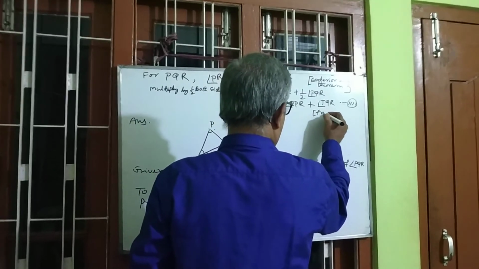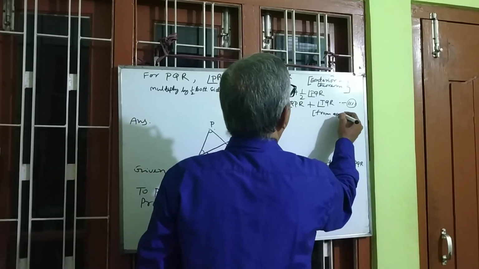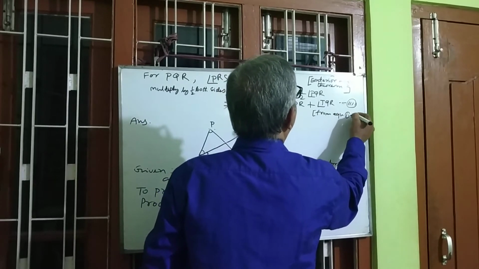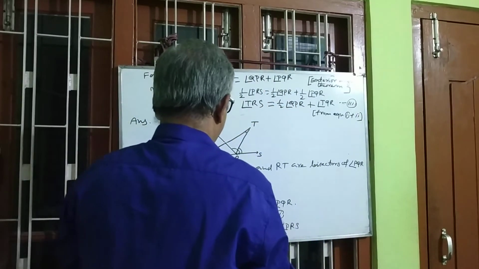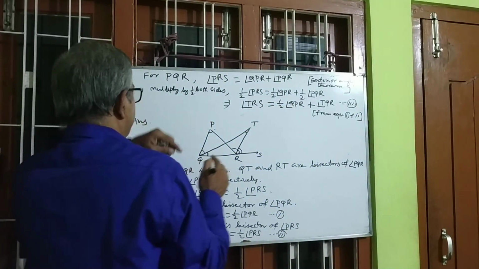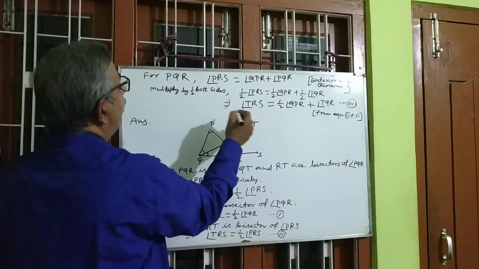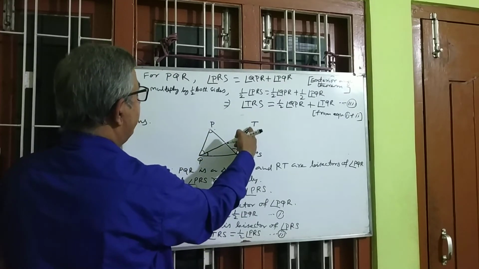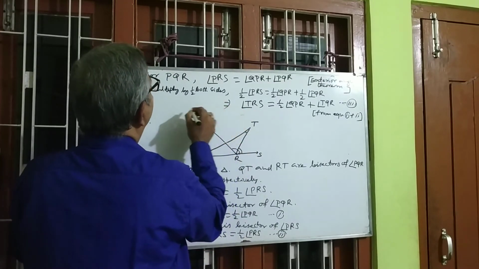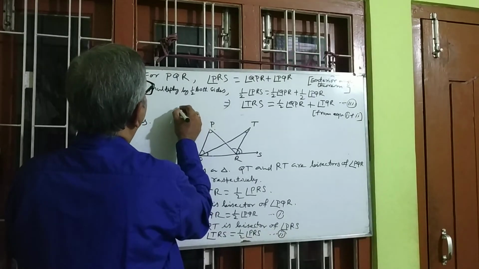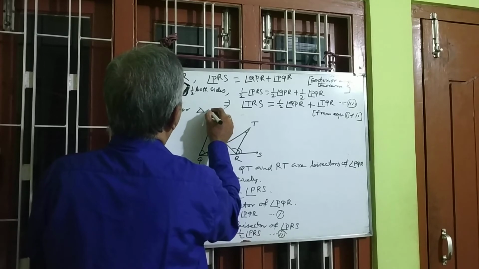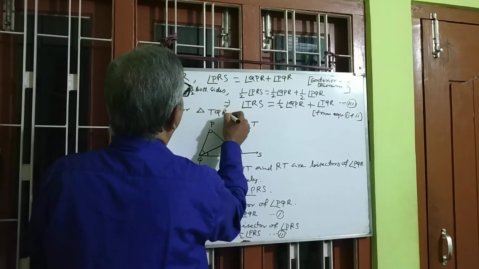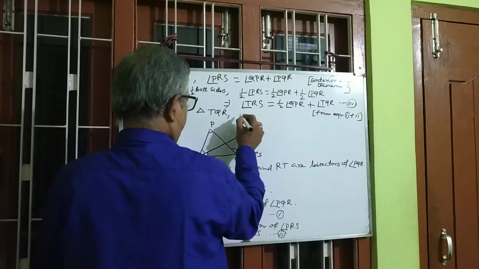From equation 1 and 2. Finish. Now one more thing. In triangle TQR, similarly, you may write like that.